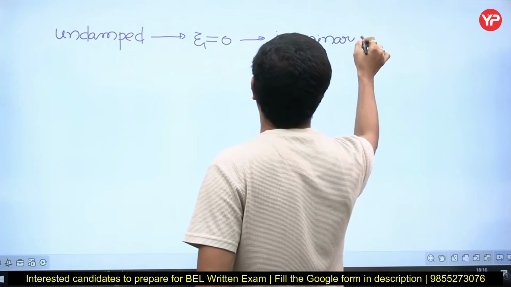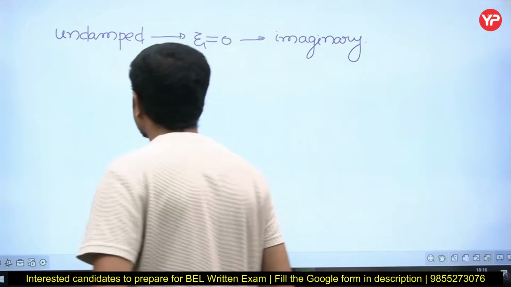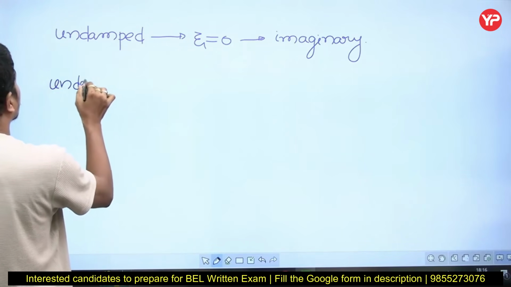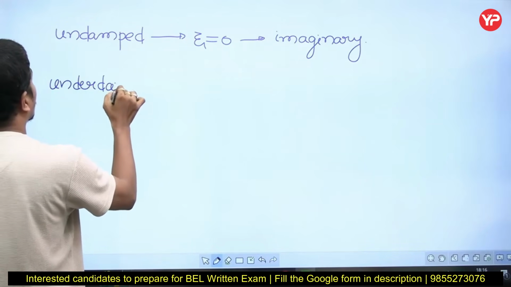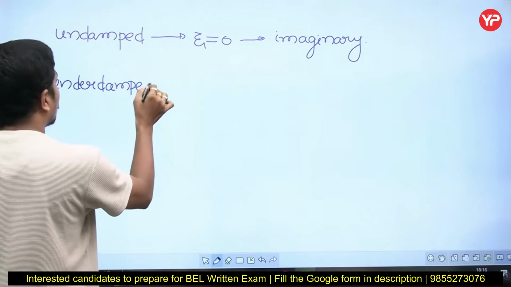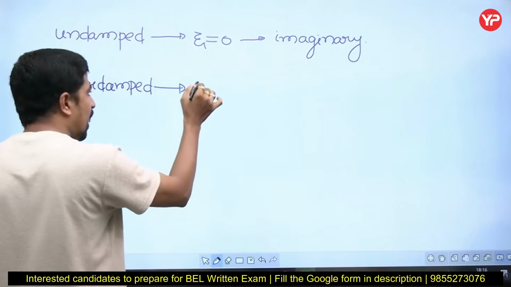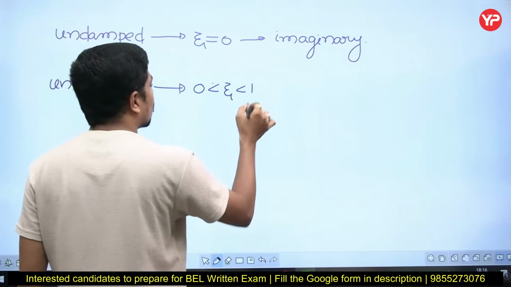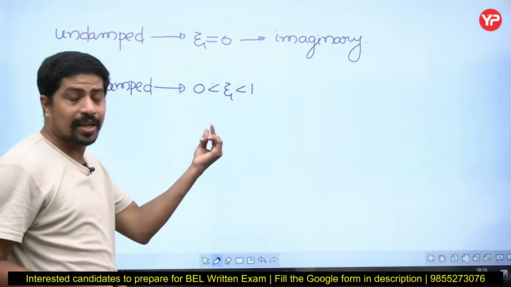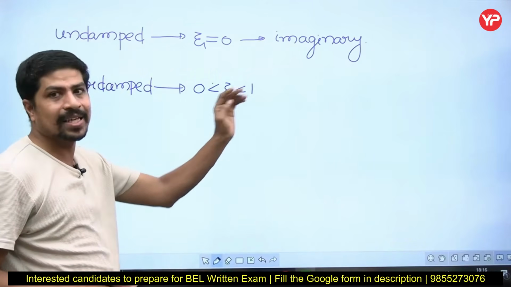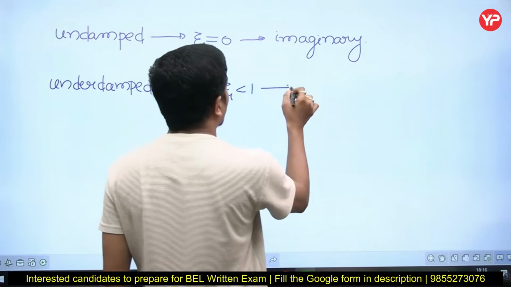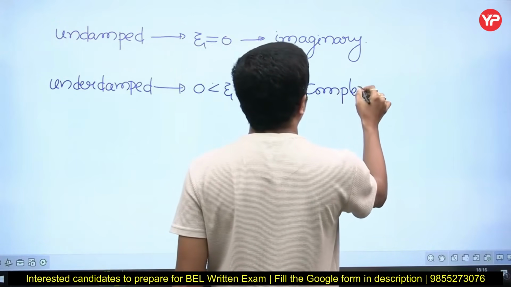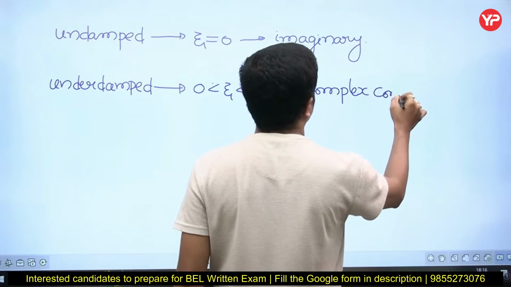Next, underdamped. In this, zeta is there, so it is greater than 0, but it is less than 1. Its roots are complex conjugates.